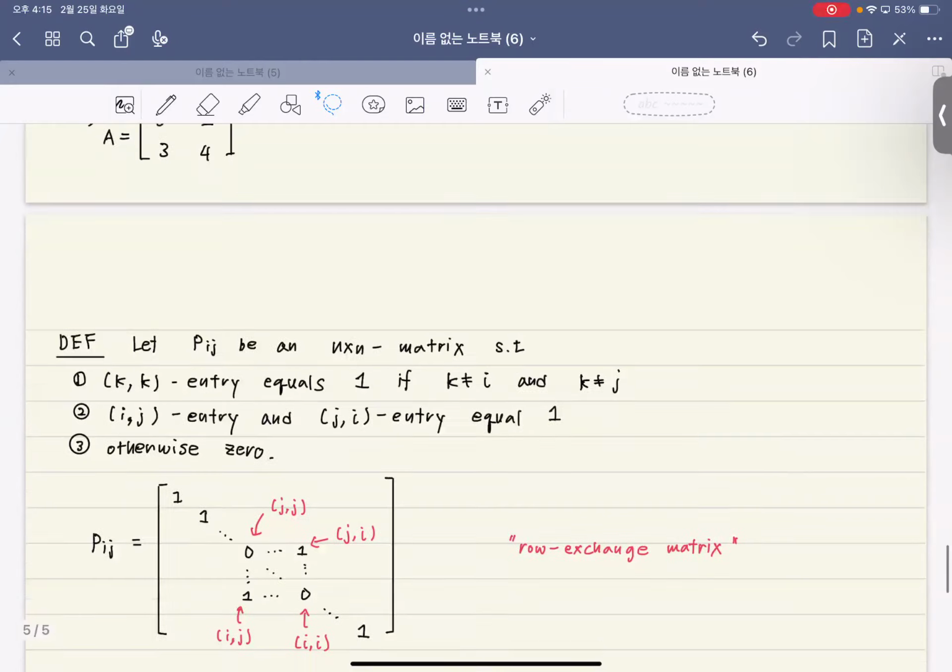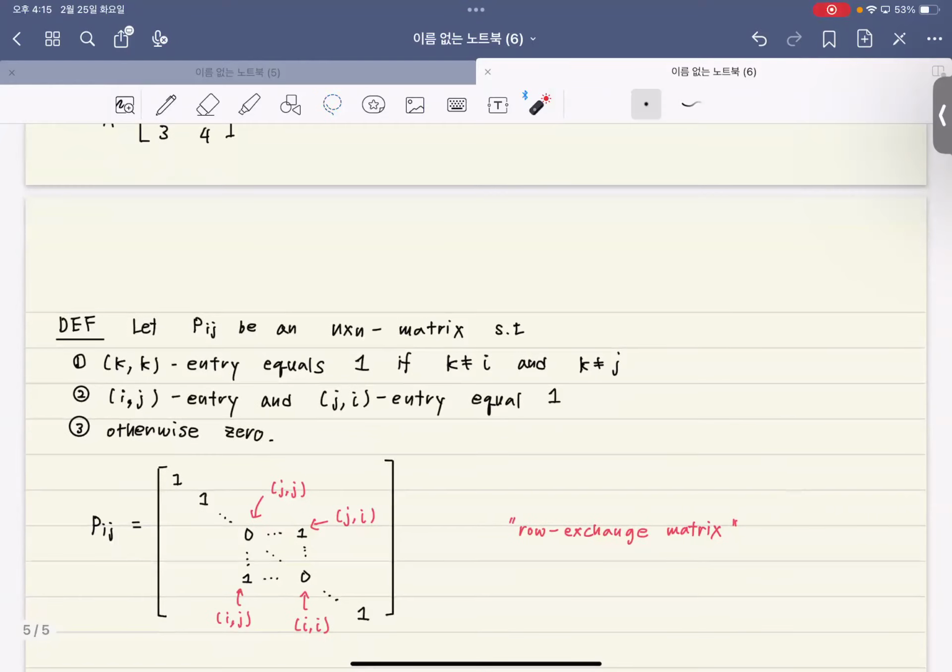So can you see the picture underneath? These are all ones, but the jj entry and ii entry equal 0. And this dot represents all ones on the diagonals, right? And property number 2, the ij entry and ji entry equal 1. So again, go to this picture.